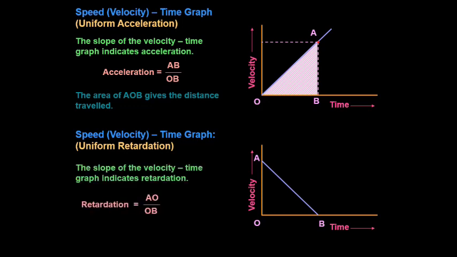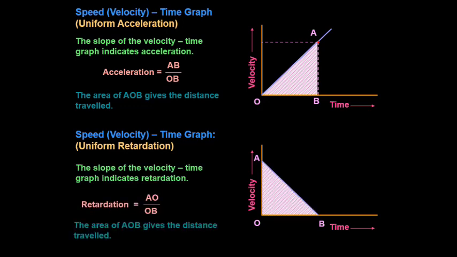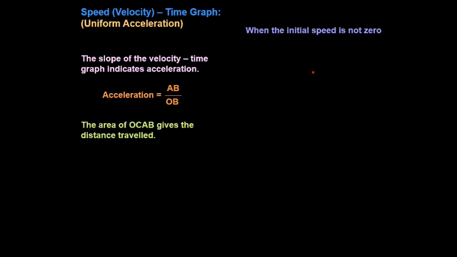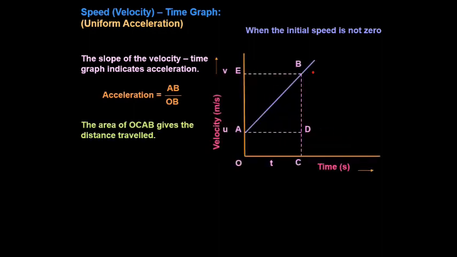So for a uniformly retarded body, the same way can continue. AOB is the distance. Now it is the velocity time graph when the initial speed is not zero. The initial speed at point C is also known as the initial velocity.